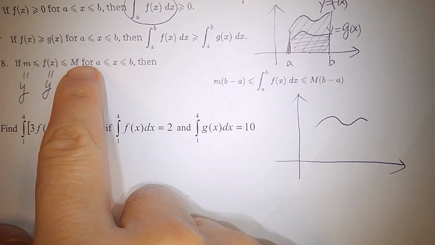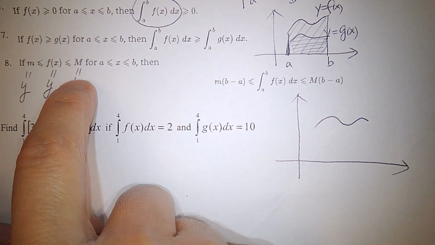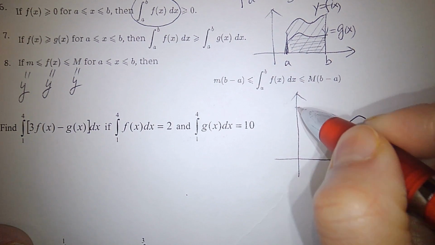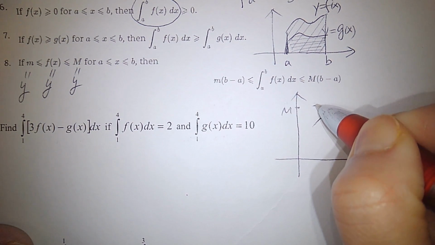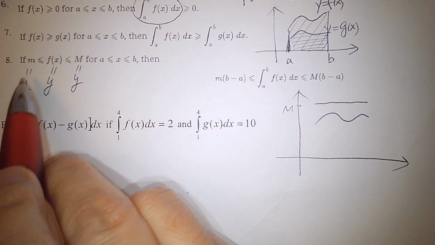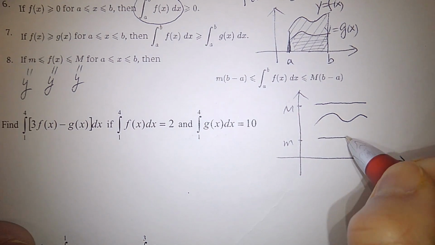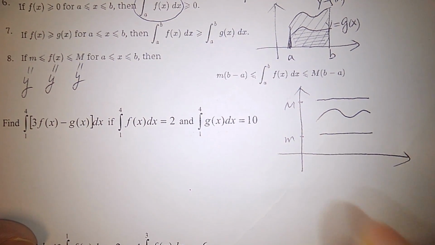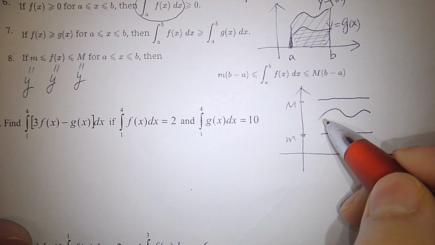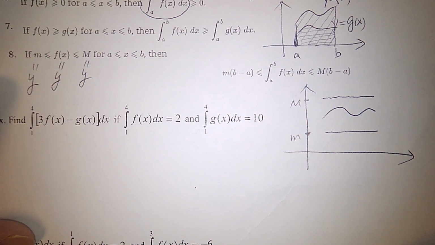What is y equals capital M? When y equals a constant, it gives us a horizontal line, say here. What is y equals lowercase m? See this one, this horizontal line. So our function f is between these two horizontal lines.